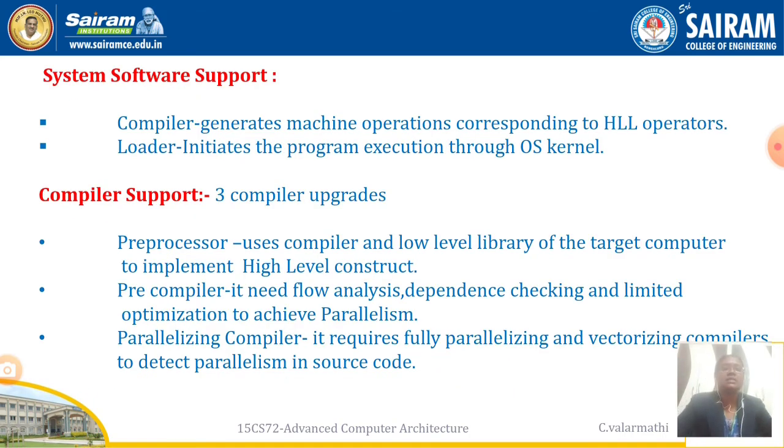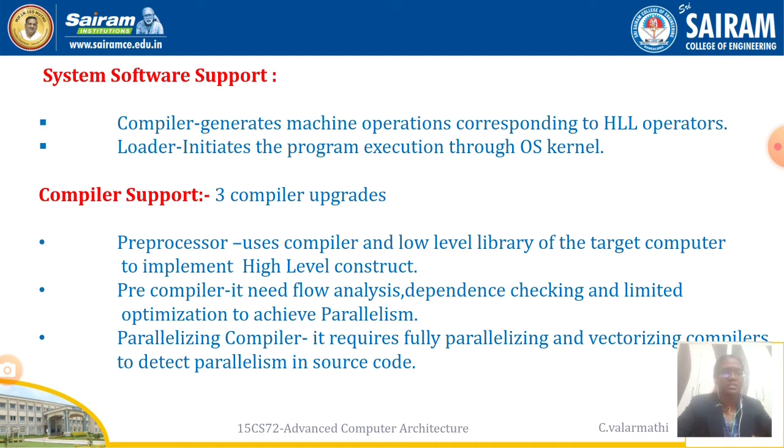And then system software support. When we say system software, what points come to our mind? Compiler, loader, linker, preprocessor. Exactly these we are going to focus on now. So first, what is the main role of the compiler? The compiler will generate the machine operations corresponding to your high level operators.